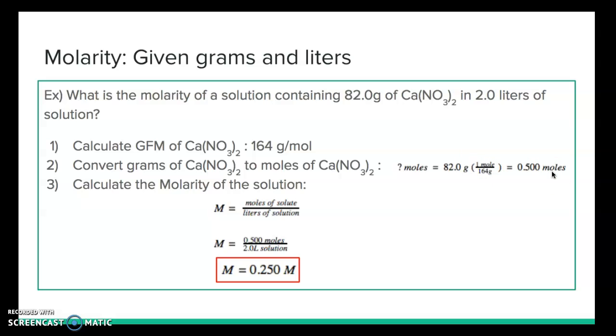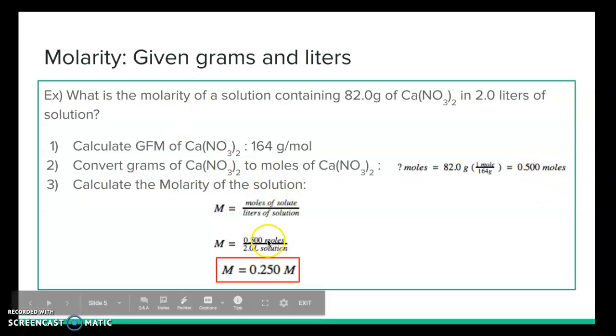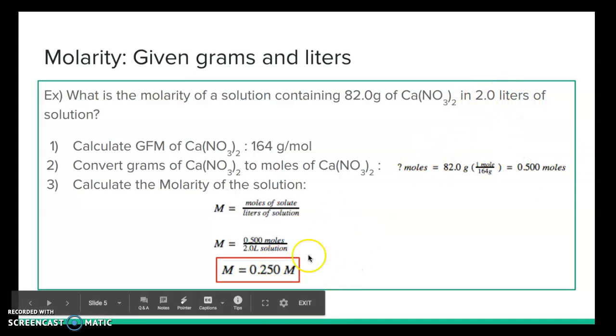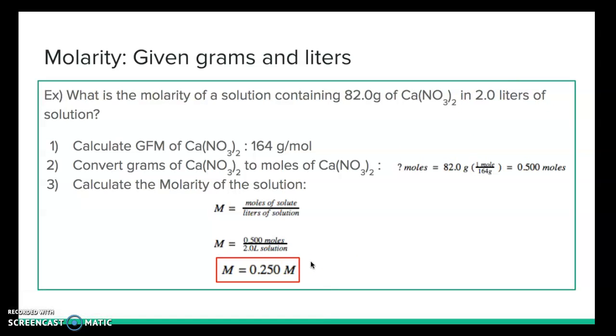Now is where I can go into my molarity formula and put my 0.5 moles over my 2 liters and figure out that the concentration of this calcium nitrate solution would be 0.250 molar. So again, not a typically hard calculation to make. It really just helps us to determine how concentrated or diluted our solution is.